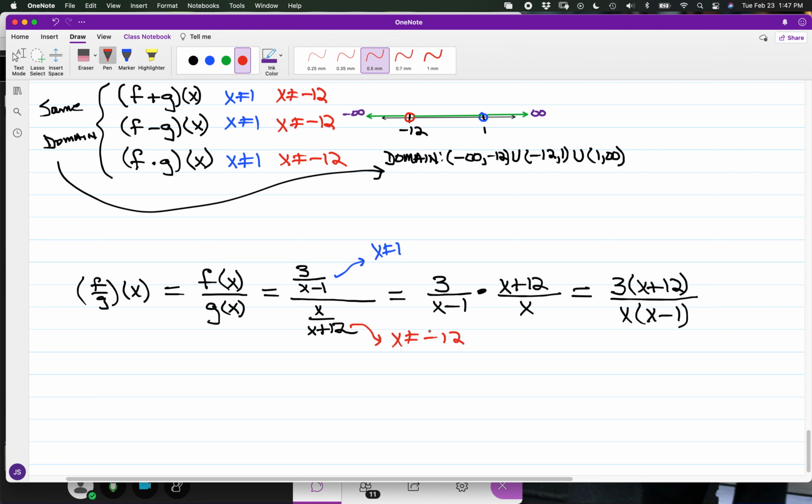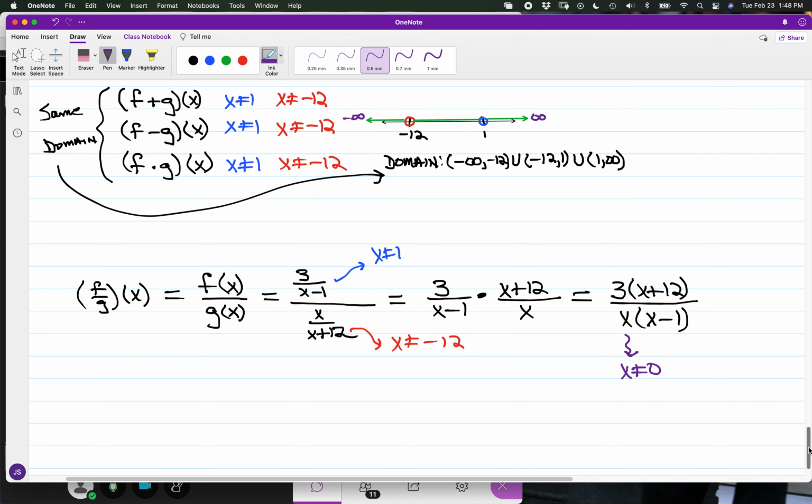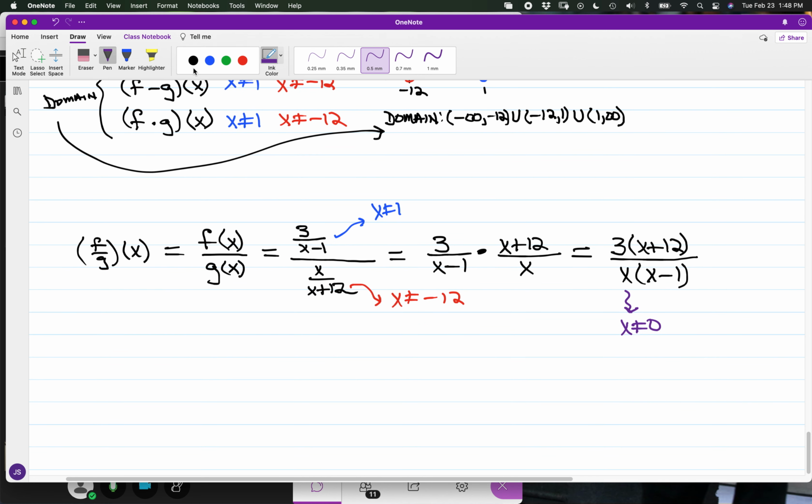But now, having flipped this bottom fraction, what was the numerator x from g of x is now on the bottom. So we now have left out 0. So you have the restrictions for the quotient function from f of x and g of x, and then you have that third restriction from having taken the reciprocal of the denominator fraction, where we now have 0 also excluded.